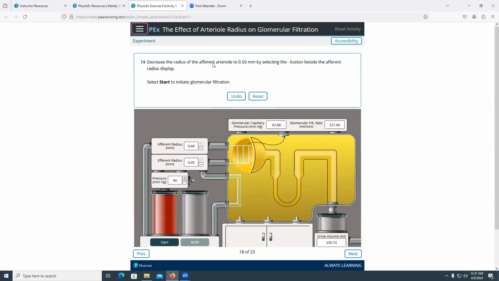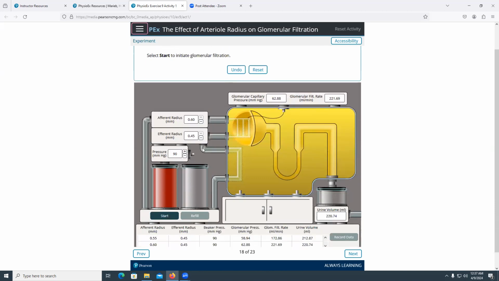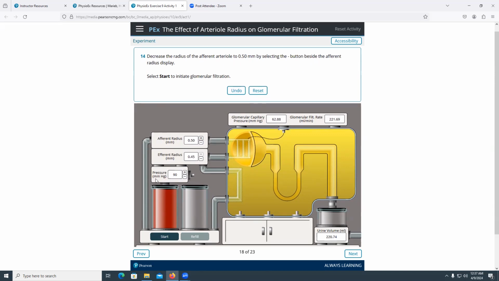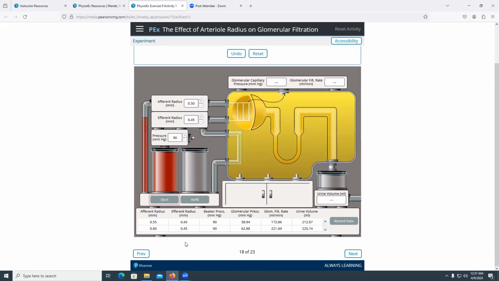Okay, decrease the radius of the afferent arteriole to 0.5. So the afferent was dropped to 0.5. And now let's run the experiment.